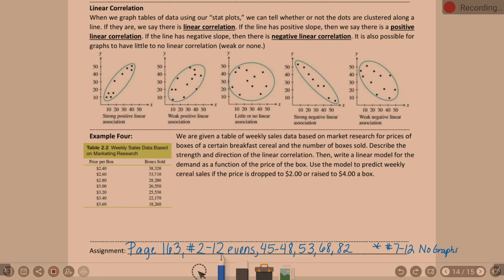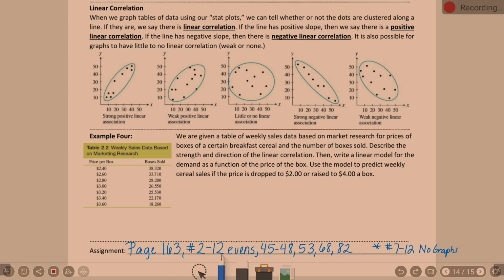Okay, so I usually take you guys into stat. I think you could go into the second list also. I usually take you guys into stat and have you go number 1, edit, and hit enter. Now, I still have values in from whatever we last did. Your options: you can delete individual numbers or you can clear the column out.